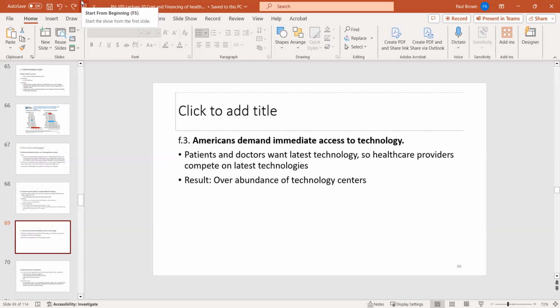Because then if you refer for a test, you actually get money from the test as well. So a lot of the overuse of testing occurs because of these perverse incentives: if I send someone over to get tested, it's helping the company that I own.